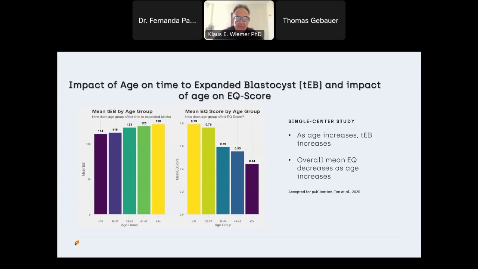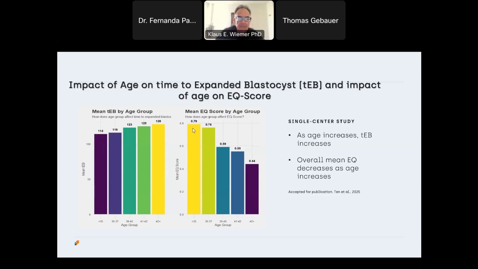And the reasons for that are that now we're able to see with AI that as age increases, the time to expanded blastocyst also increases. For example, if we look at hours, for a woman who's under 35 years of age, time to expanded blastulation is 114 hours compared to a 42-year-old, which is 128.